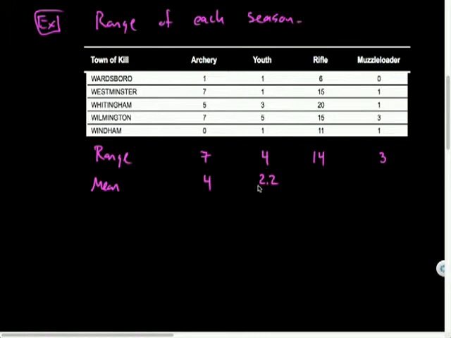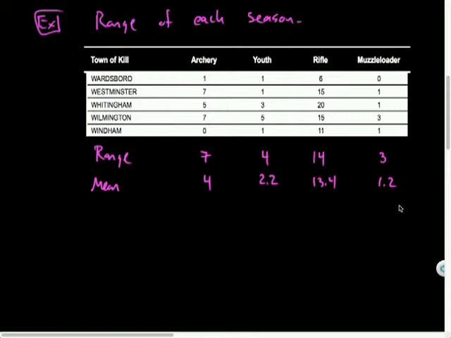Right, so I get the middle number and I have the range. The range measures how spread out it is, and the mean is an average, measuring the center of the data. So 67 divided by 5 is 13.4. And then 1 plus 1 plus 1 plus 3 divided by 5 is 1.2.